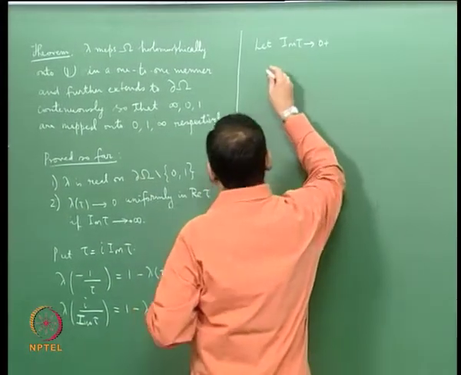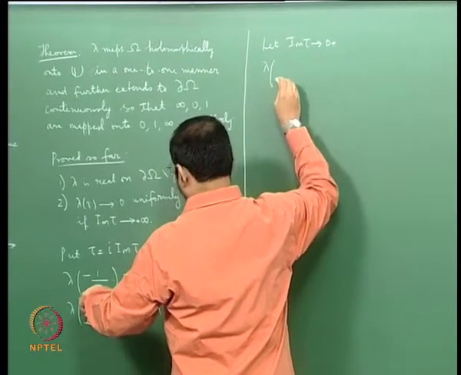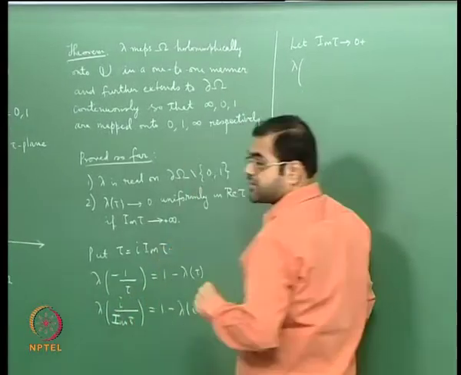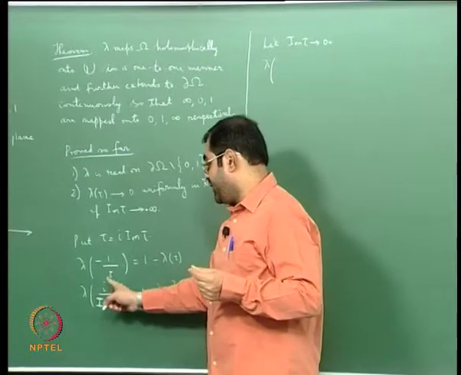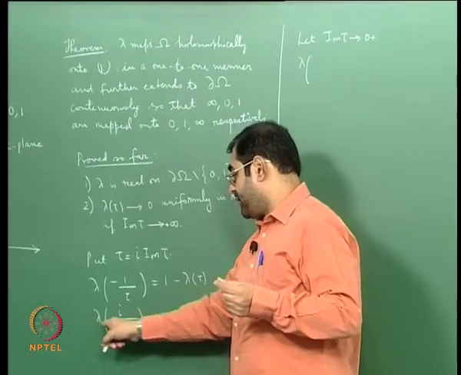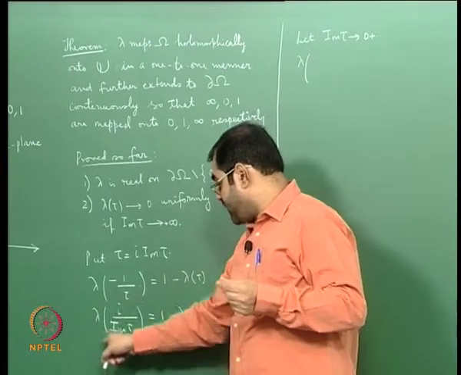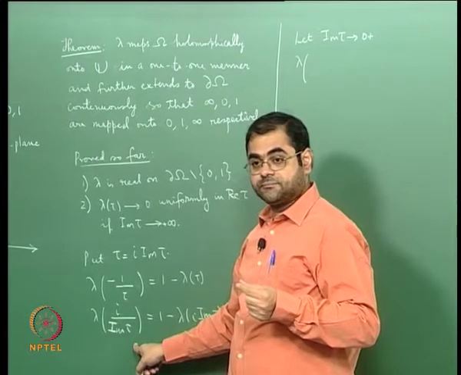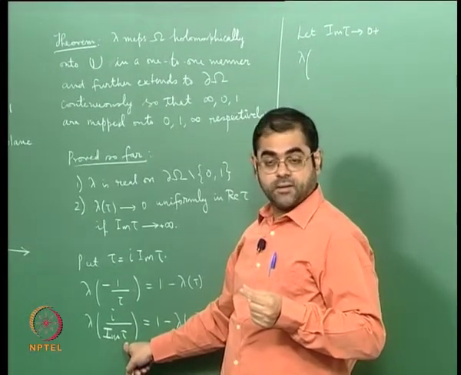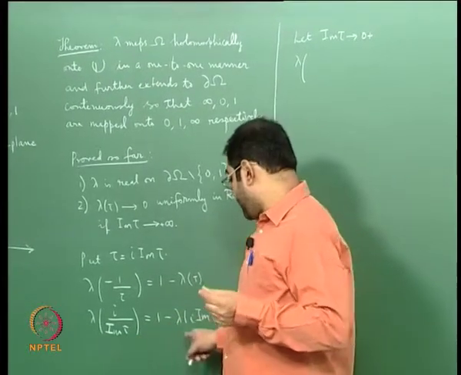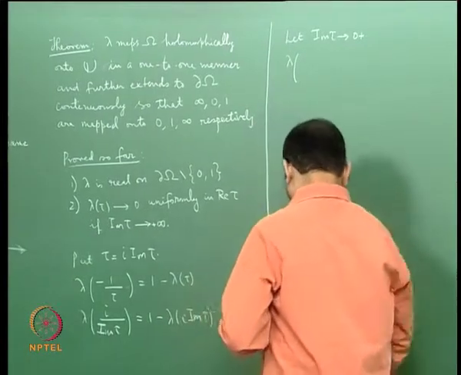Then what will happen is i by the imaginary part of tau will go to infinity. But lambda of this will be 0, as I let the imaginary part of tau go to 0 plus. Therefore I will get lambda of tau to be equal to 1. So let me write that down clearly.